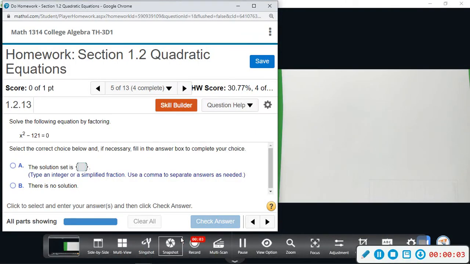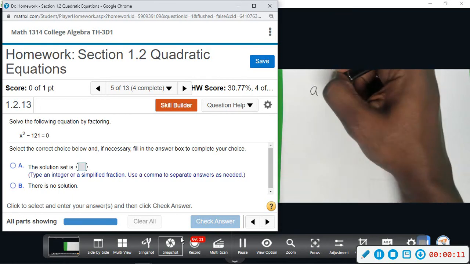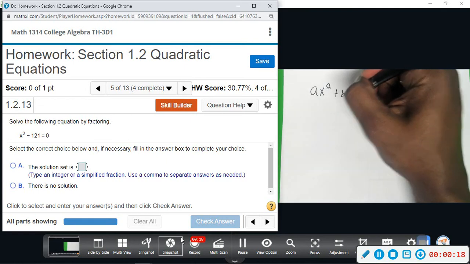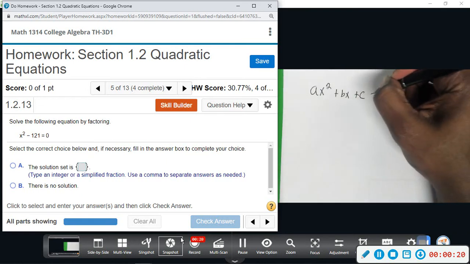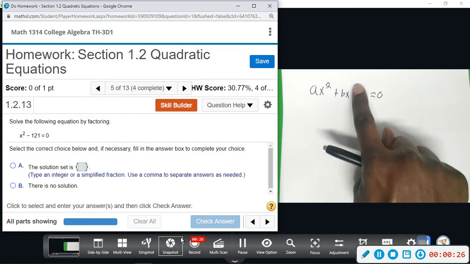All right, problem number 5, we want to solve by factoring. And notice the progression. We started out with a full-blown quadratic equation, wanting you to see that when we have the x squared term, that is quadratic and we want to factor. And then slowly we're showing you how to factor if terms are missing.